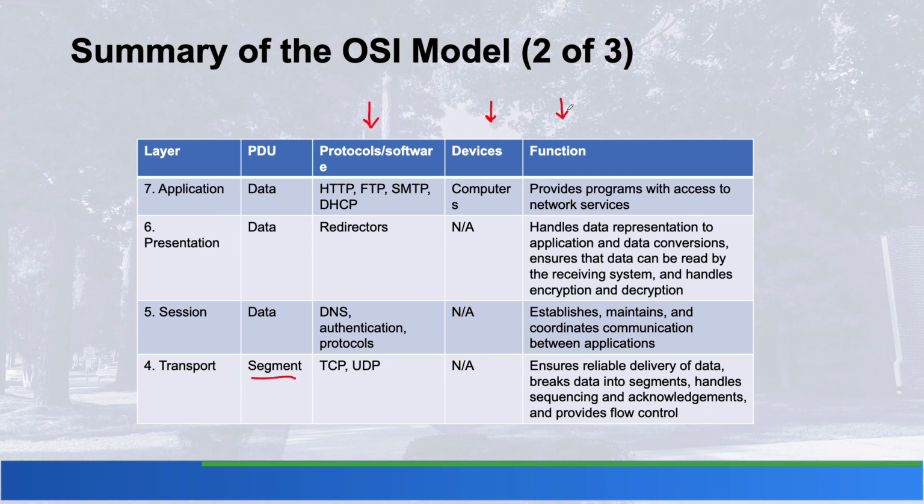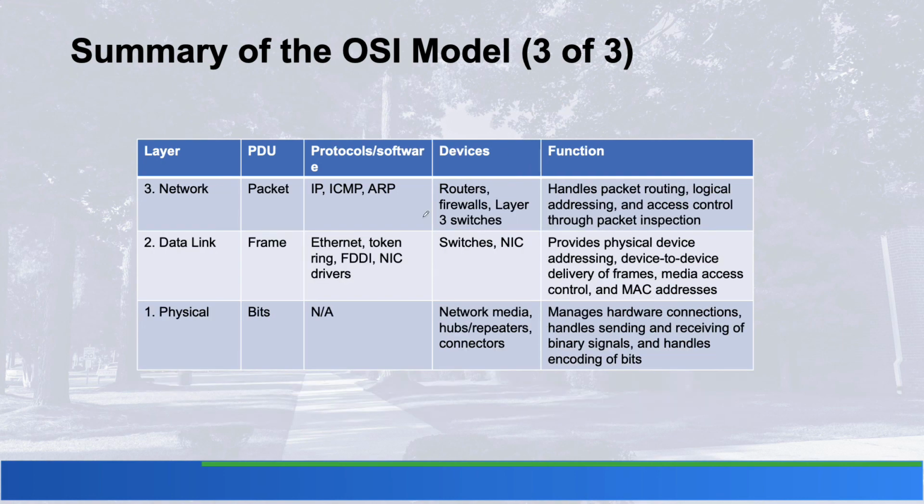So this summarizes everything we just went over in these few slides. So we got packet, frame, and when it goes on a physical network, we said bits. So segments, packets, frames, and bits. Then we have routers at the network layer, switches and NICs at the data link layer, and then we have hubs and repeaters at the physical layer.